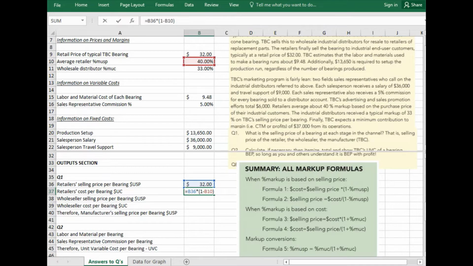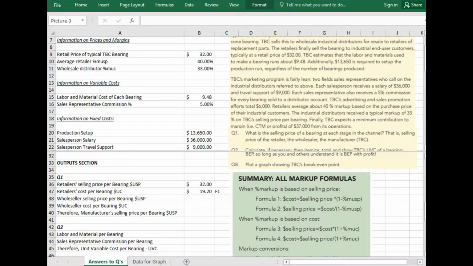So I want you to stop this, take a look at it, and absorb what we're doing. Because remember, the question is, what is the selling price at each level of the channel? So to do that, we're going to have to go back and forth. What's the sales price here? What's the cost here? But we used F1 to determine the retailer's cost.